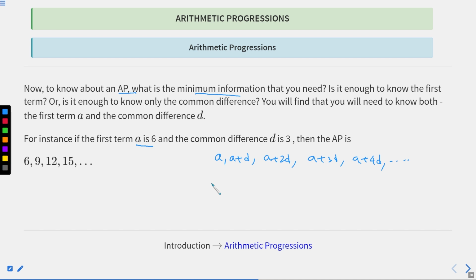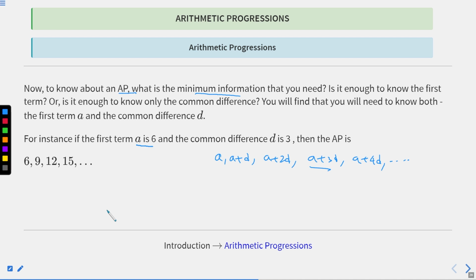So the first term is 6 and the second term is 6 plus 3, that is 9. The third term is A plus 2D, that is 6 plus 2 times 3, that is 6 plus 6, that is 12. The fourth term is A plus 3D, that is 6 plus 3 times 3, that is 6 plus 9, that is 15. Like this you can find all the terms of this AP.